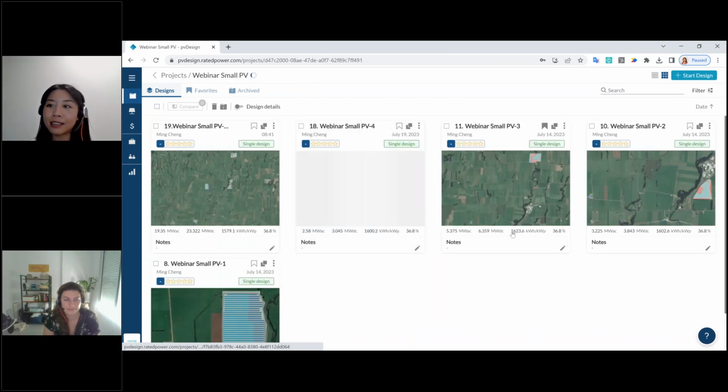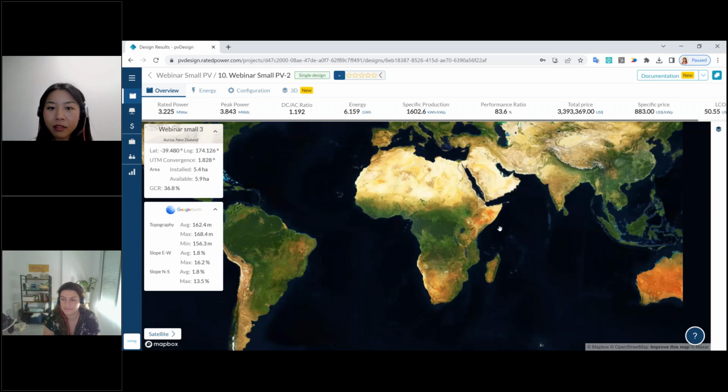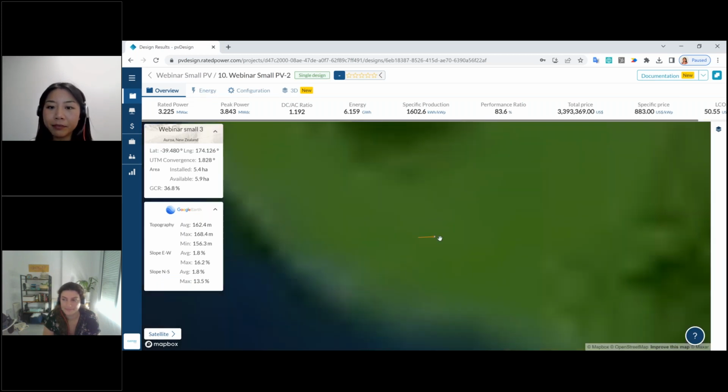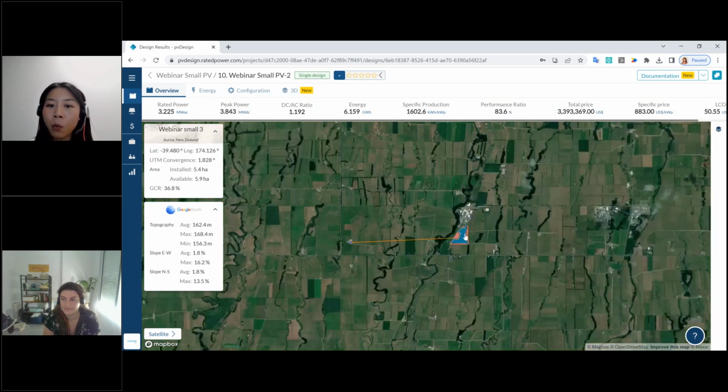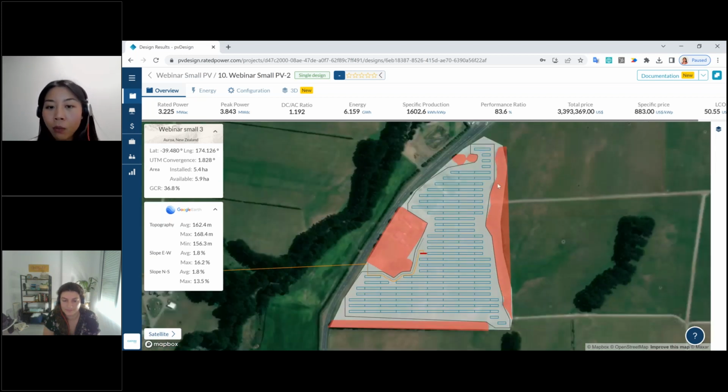And then the second one, I'm looking at a small triangle-shaped site with quite a bit of shading. In pvDesign, we have the feature that allows you to circle out the restricted area that's not suitable for structure installation. In that case, I've circled around, for example, a few trees, and on the east side, a line of trees.